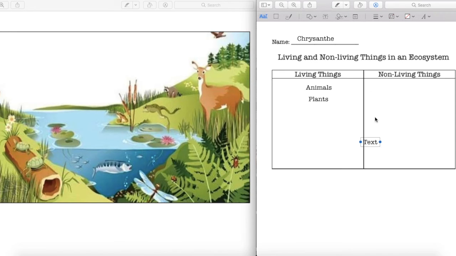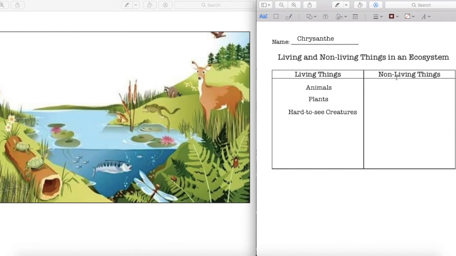So I'm just going to add in, sort of to mention all of them, hard to see creatures are also an example of living things that live in an ecosystem. So it looks like we have completely filled up our living things side. In the next activity, we're going to go a little more in depth and look at some different types of animals and some different types of plants that we might see in an ecosystem.